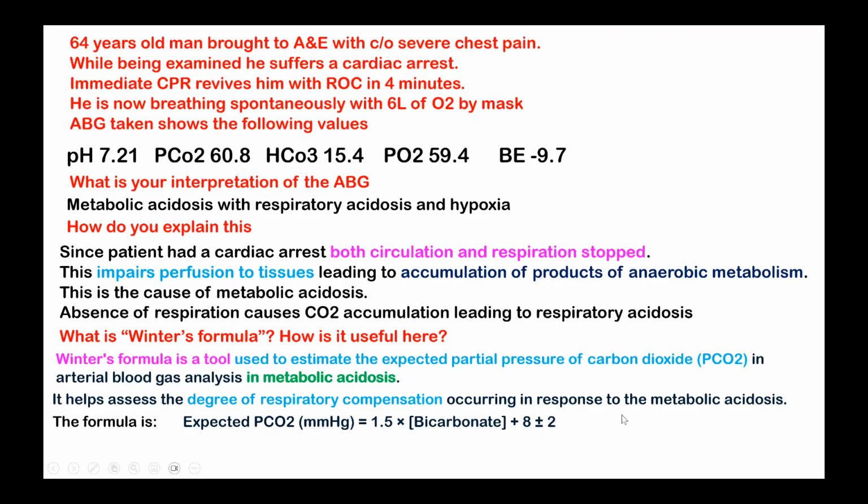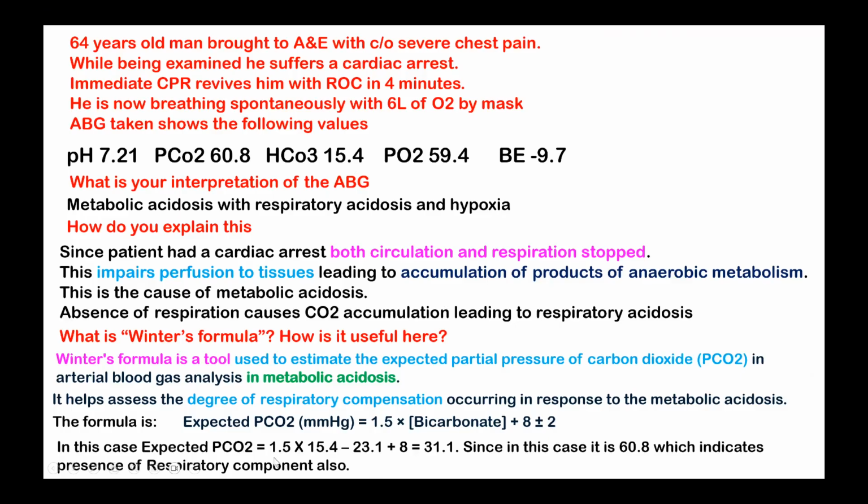In this case, this patient has 15.4 as bicarb. We are multiplying it 1.5 times, which will be 23.1. And if you add 8 to that, it should be 31.1. And if you want to add another 2 extra, maximum it can be 33.